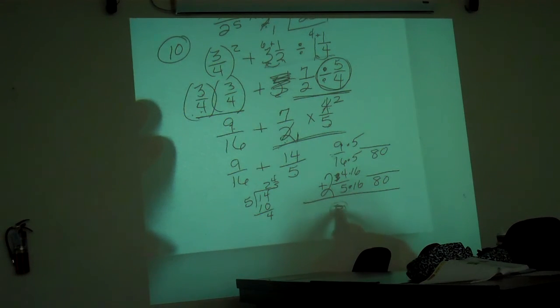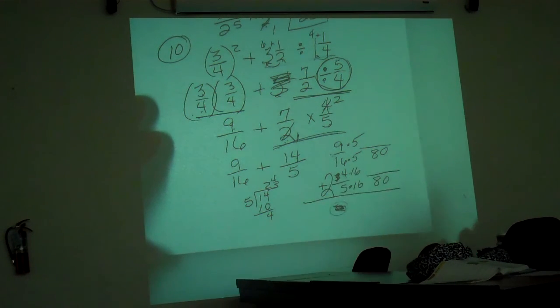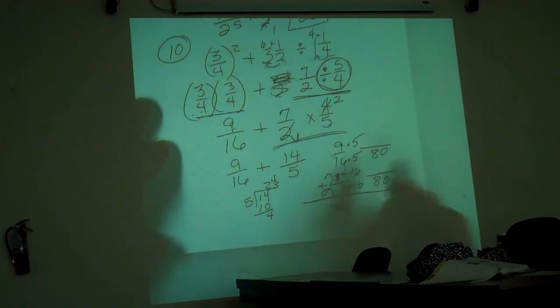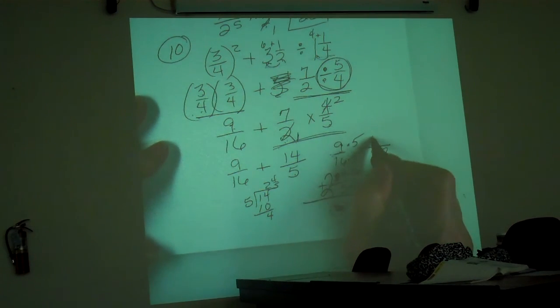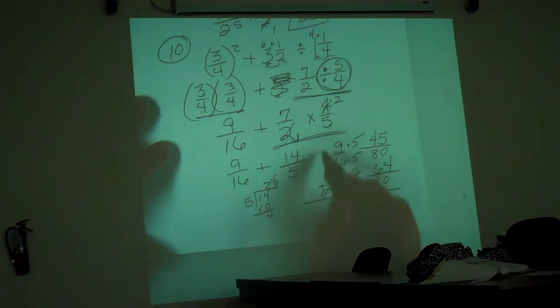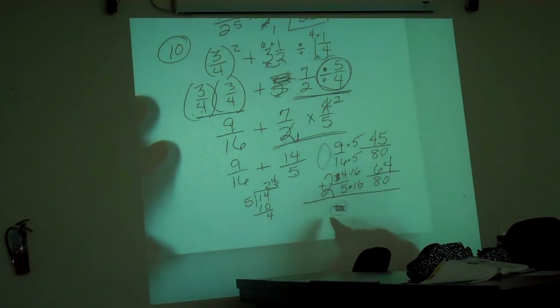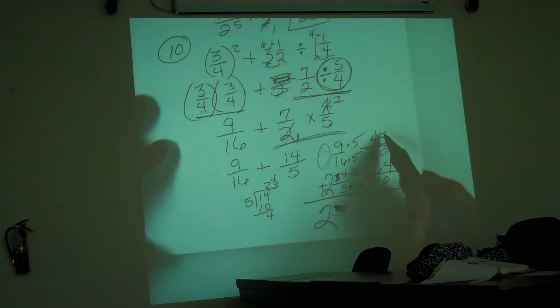That'll be easier for you. 4 times 16 is a lot easier than 14 times 16. 4 times 16 is 64. Okay, we have that. 9 times 5 is 45. Okay, 2 plus nothing is just 2. Cross that out. 45 plus 64.